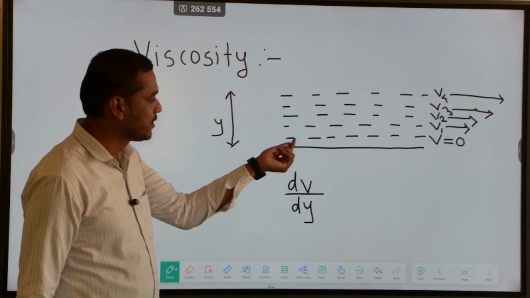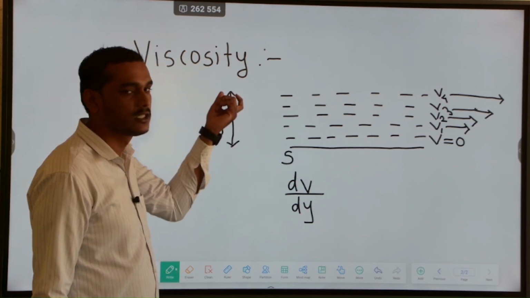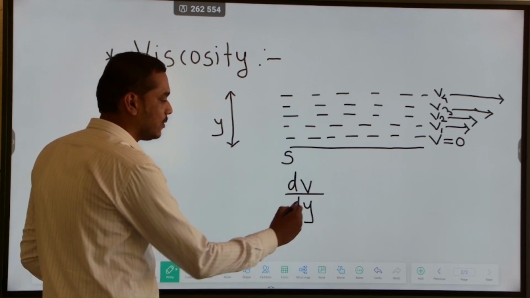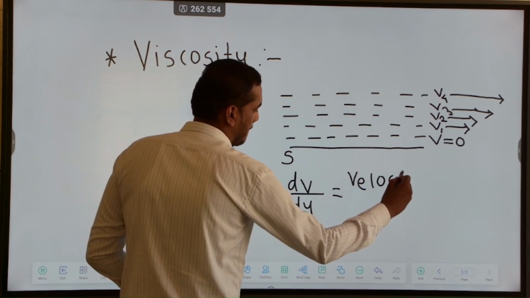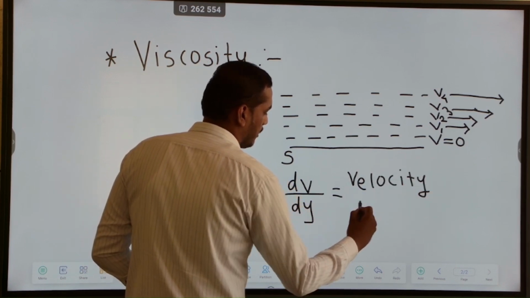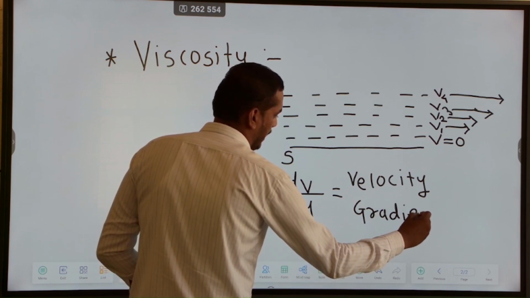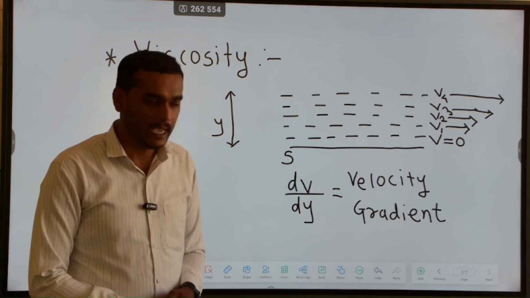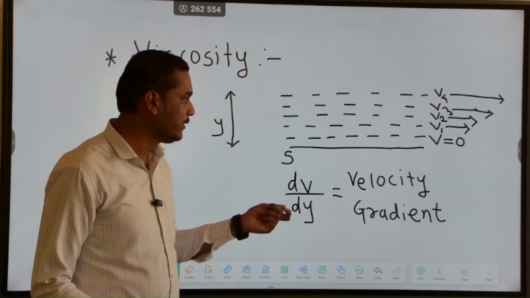The change in velocity of different layers with respect to the distance is given by dv by dy and is known as velocity gradient. So we can define velocity gradient as the change in velocity of different layers of fluid with respect to height.